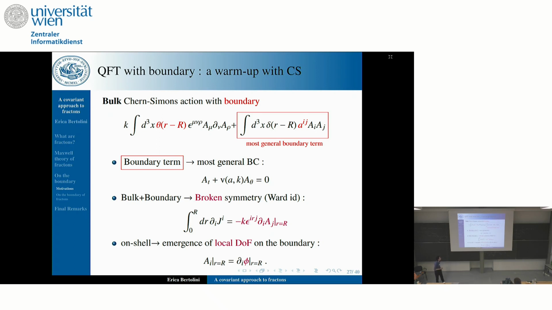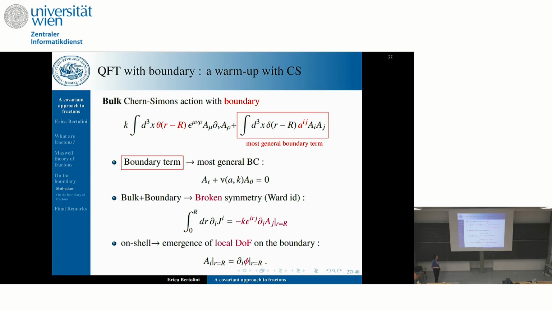And since we don't want to introduce anything by hand in the theory, but we still have to impose boundary conditions in the system, an idea is to introduce the most general boundary term, which was done for the first time by Symanzik, and that's the term that from the variational principle can give us the most general boundary condition of the theory.